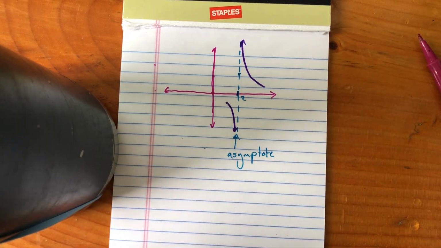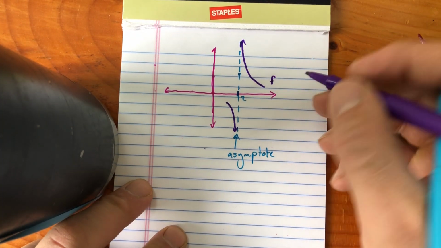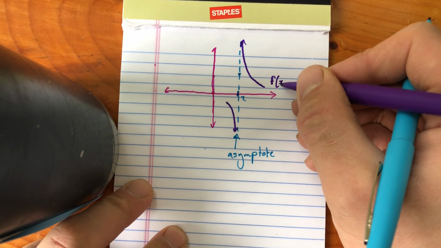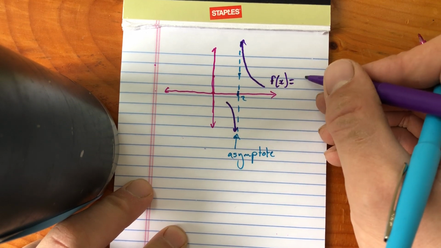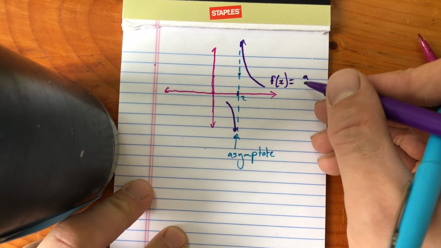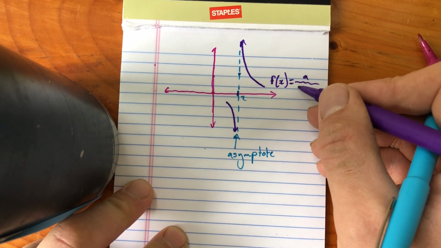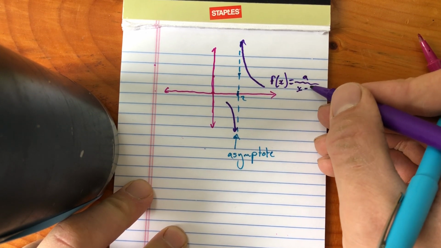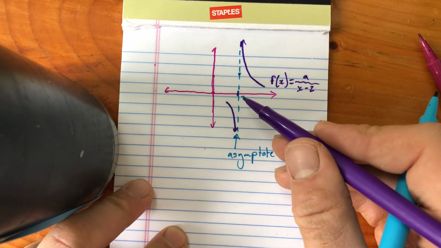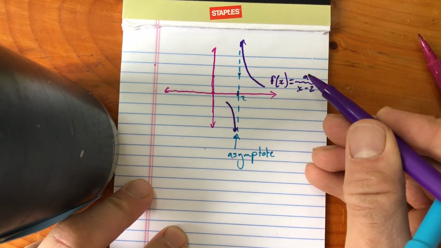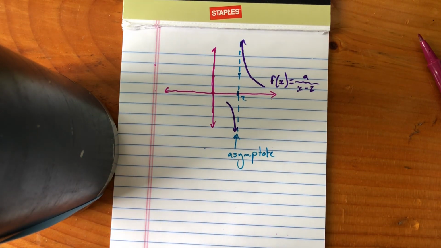So if your function was f, we could say that f equals something, and I'm not going to say exactly what it is, so I'll leave a parameter a. So that could be just any constant. But I know in the denominator, somewhere it's going to have x minus 2. Because if I substitute in 2, I'll have a divided by 2 minus 2. And what's anything divided by 0? That's right, it's nothing at all.